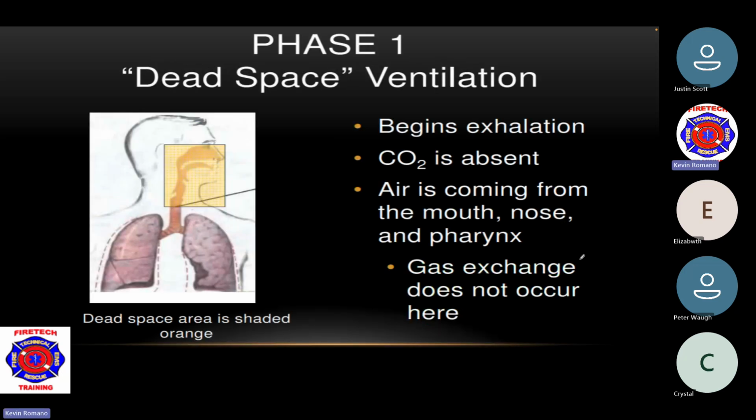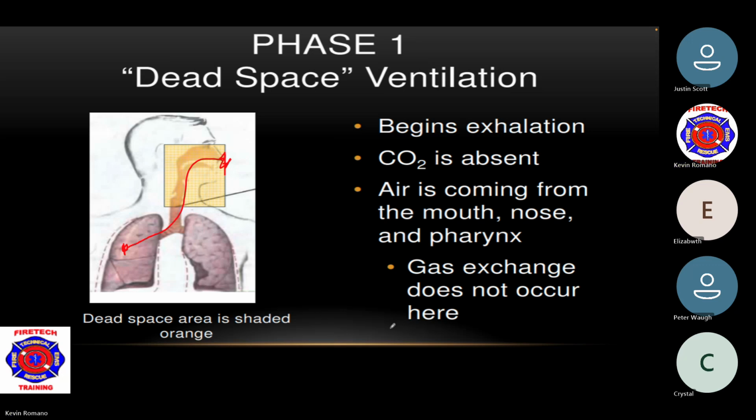So phase one, dead space. Dead space begins exhalation. CO2 is absent at that point, and air is coming from the mouth, nose, and pharynx. Gas exchange does not occur here. From this point right here, all the way down into the lungs to the point where the alveoli start, is all going to be dead space, roughly about 150 mLs of air.